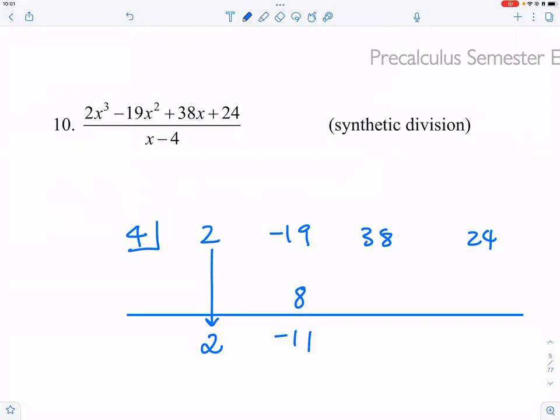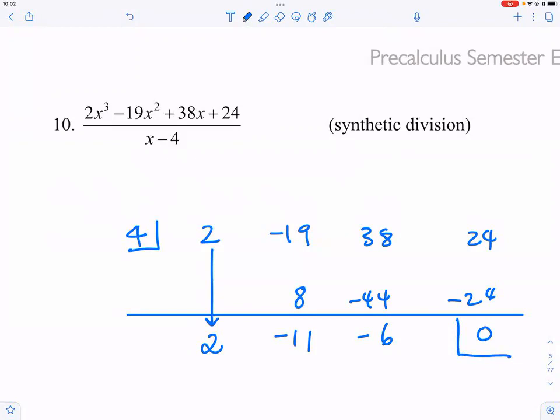And then you would go ahead and multiply 4 and negative 11, which gives you negative 44. And that is negative 6. Yes, negative 6. And negative 6 times 4 is 24 with a negative sign. And that gives you a remainder of 0.